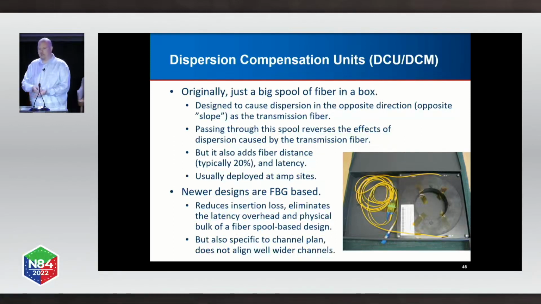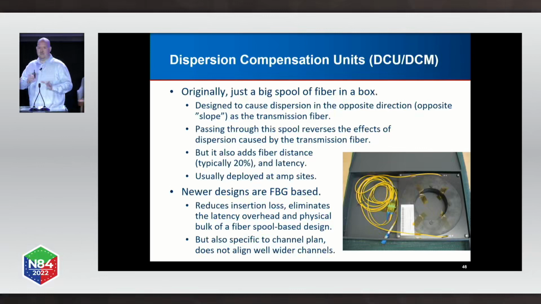There's less power loss. There's all of these nice things. The downside is that it's not as easy to do wide channels. So in a modern world where you have wider and wider channels doing higher and higher gigabauds, it becomes increasingly difficult to work with that design. So you move into tunable dispersion compensation, where you basically have heated or cooled components that are causing slight variations in how the FBG is working.